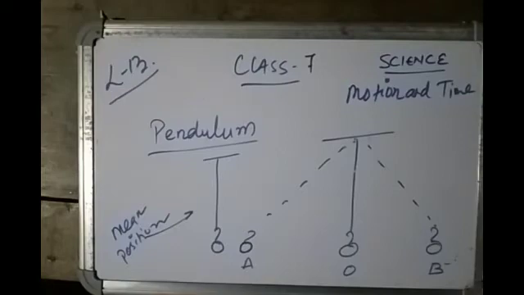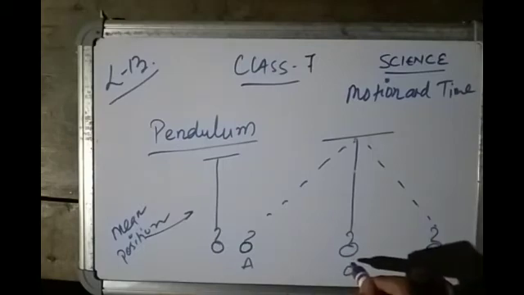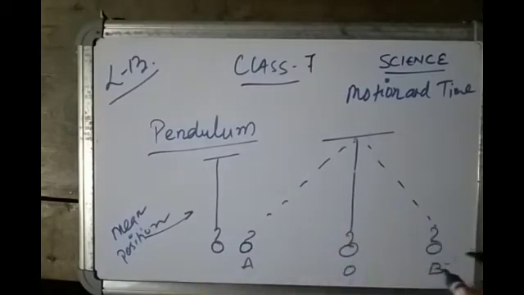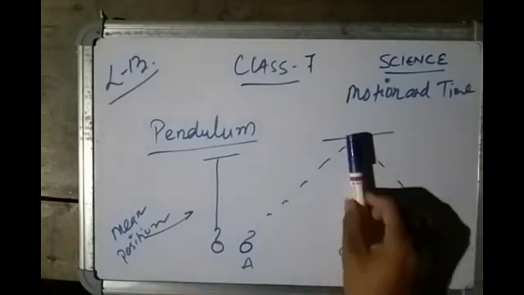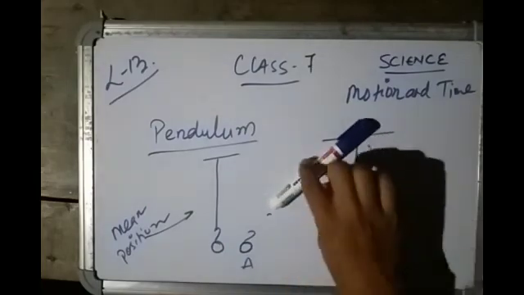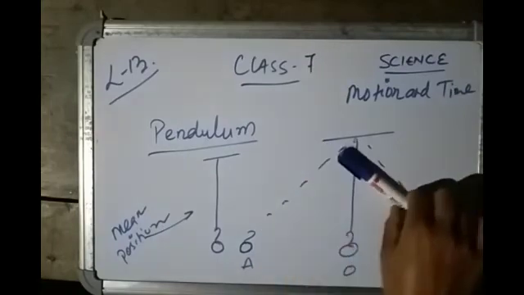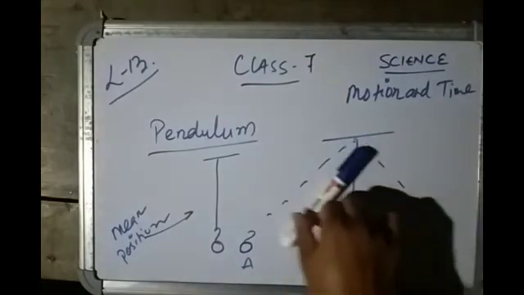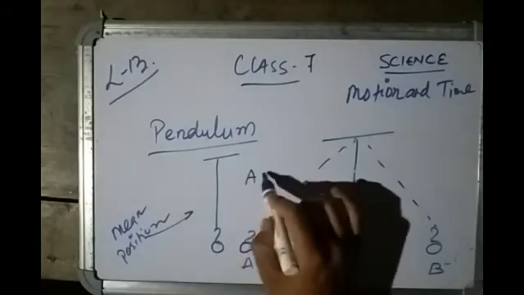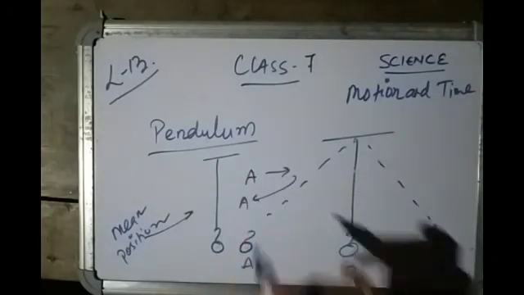The pendulum is said to have completed one oscillation when it goes from the mean position O to A, then to B, then back to O. Moving from A to B and back to A is one oscillation.